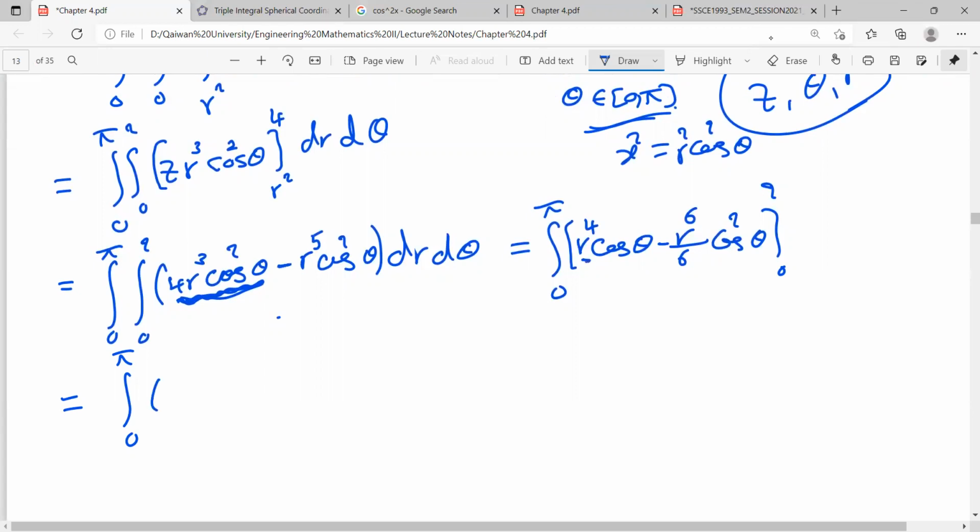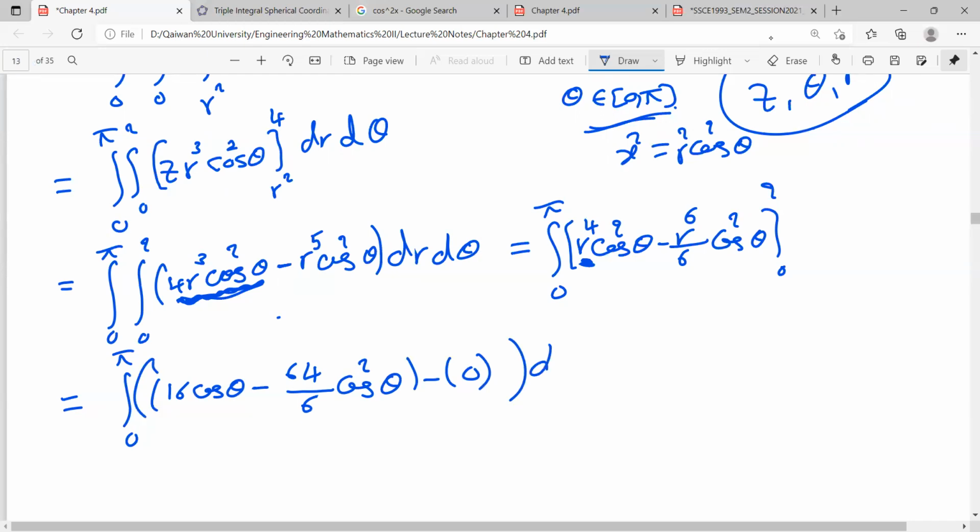If you replace r by 2 here, we get 2 to the power 4, which is 16, 16 cosine θ, this is squared, sorry, 16 cosine squared θ minus r⁶, which is 2⁶. 2⁶ is 64, dividing by 6, cosine squared of θ, minus 0, dθ. Because when you replace r by 0, you get 0.